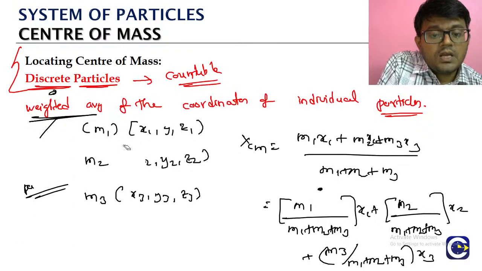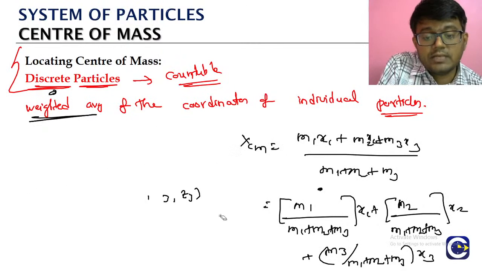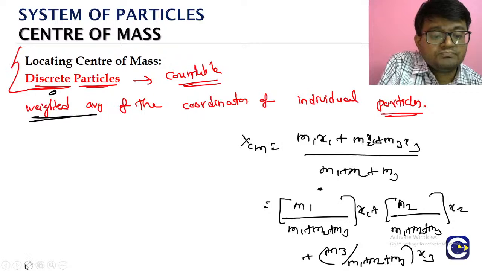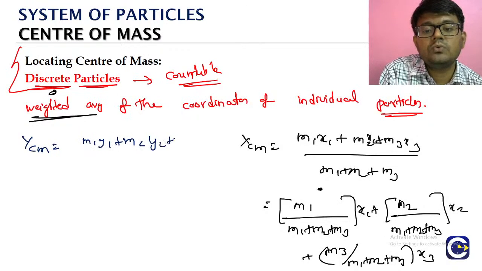Okay, now what will be the y coordinate of the center of mass? Same formula. The y coordinate of center of mass will be m1 y1 plus m2 y2 plus m3 y3 by m1 plus m2 plus m3.